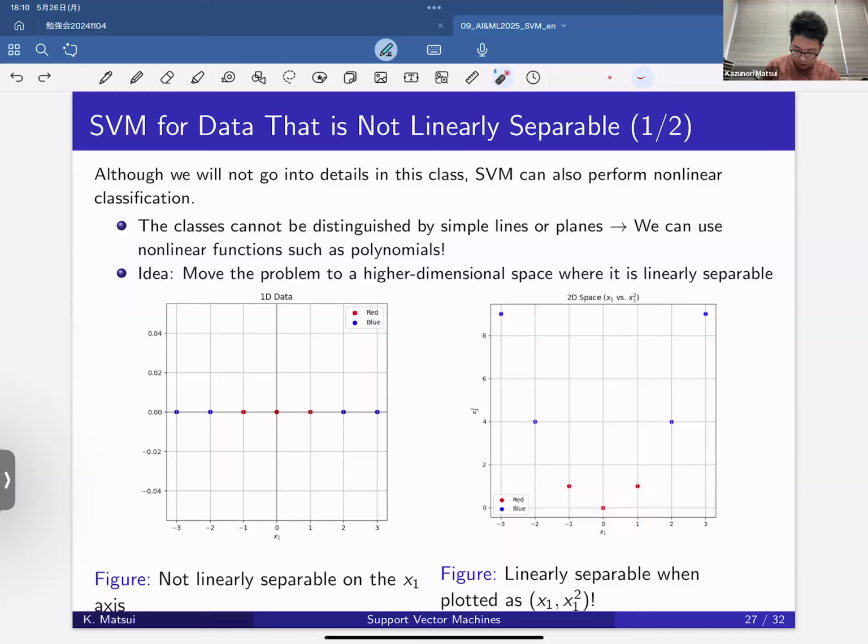For example, the data at the point x equals -2 is (-2, 4), so it will be here. Then this becomes linearly separable data. So by adding nonlinear functions such as polynomials, we can bring it to a linearly separable problem. In other words, the technique is to move the problem to a linearly separable higher dimensional space.